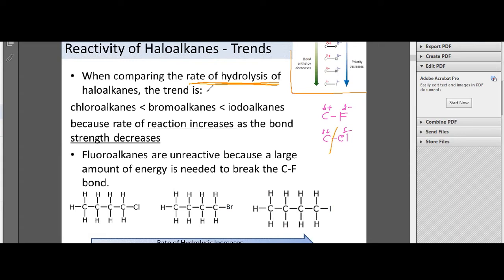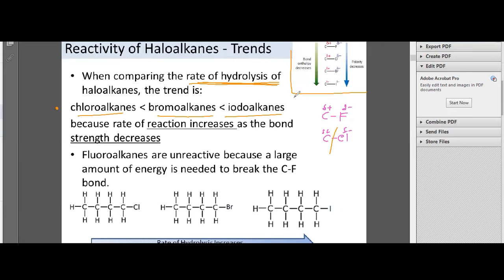The rate of hydrolysis of chloroalkane is less than bromoalkane, and this is less than iodoalkane. So that means the fastest halogenoalkane to undergo hydrolysis is iodoalkane, since the bond length is very large, so it needs only a small amount of energy to break the bond.